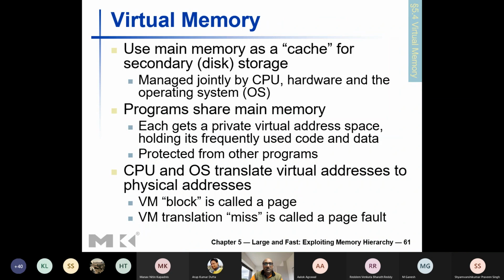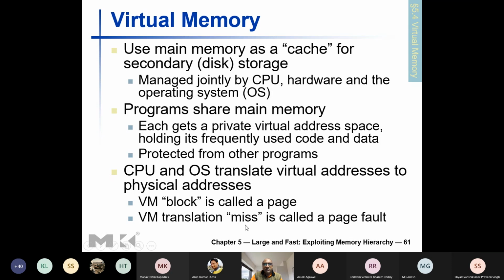So the unit of data transferred between main memory and secondary memory will be in the form of pages. Typical page sizes are 4 kilobytes, 8 kilobytes, 16, 32, and so on, used for transferring between the primary and secondary memory.